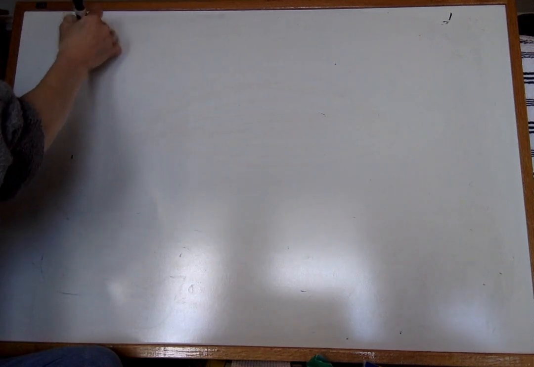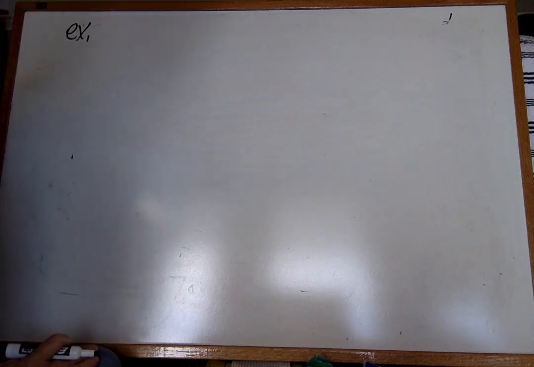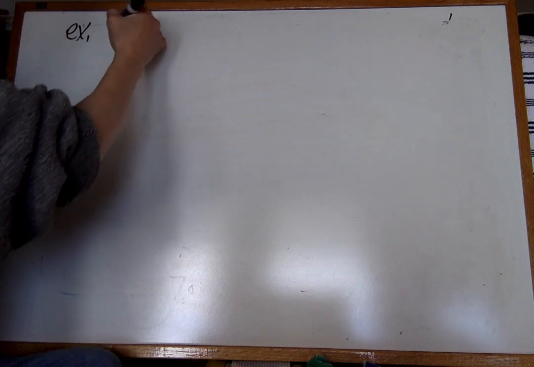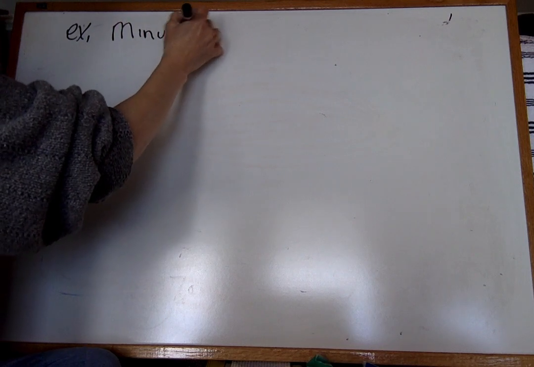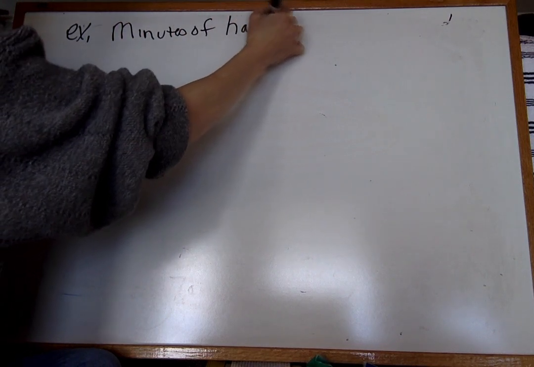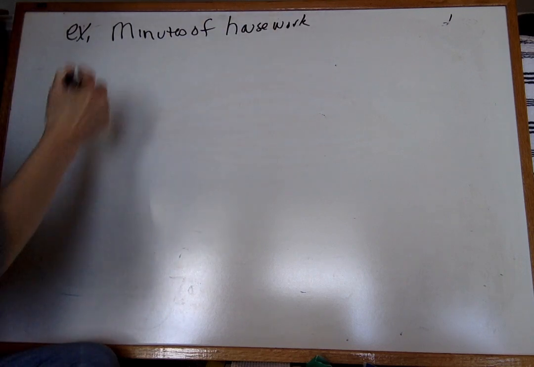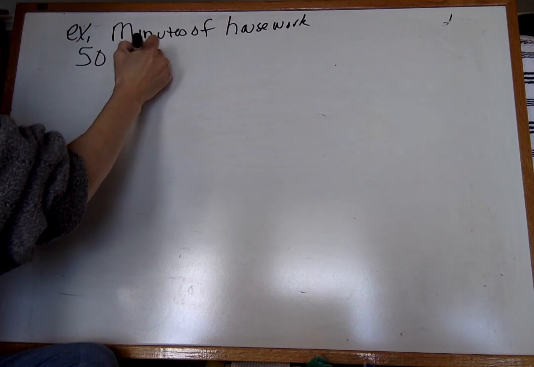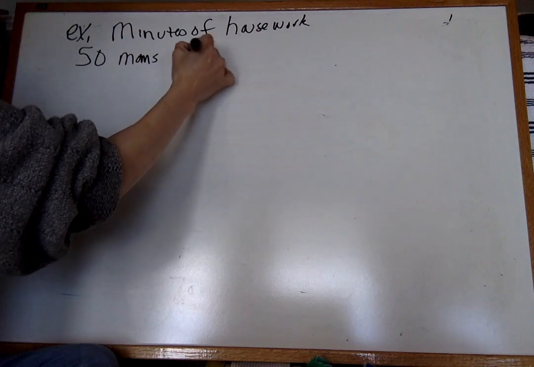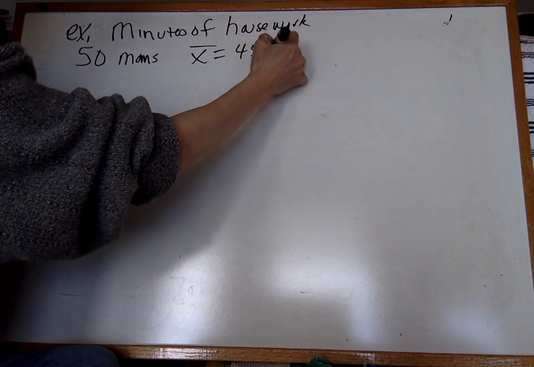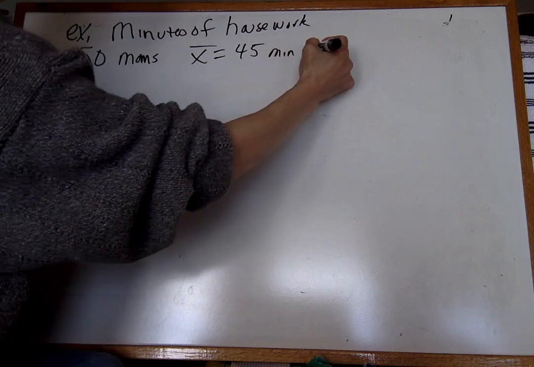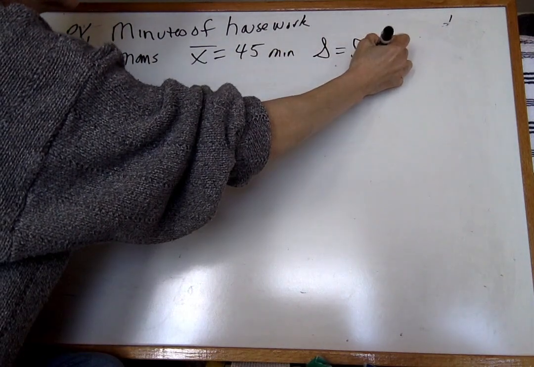Okay. This was a stupid problem from a very formal textbook. So I always do it so I can pick on the problem. This was about families and doing housework around the house. They said there were 50 moms. Their average minutes of housework was 45 minutes with standard deviation of 5 minutes.